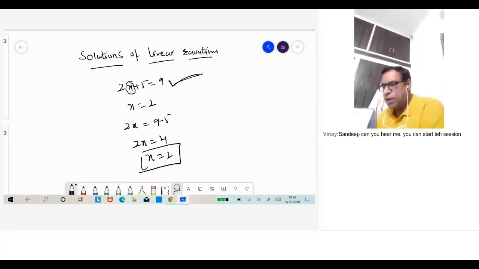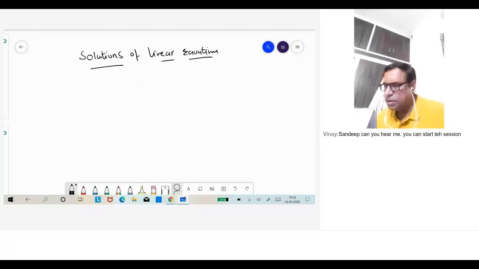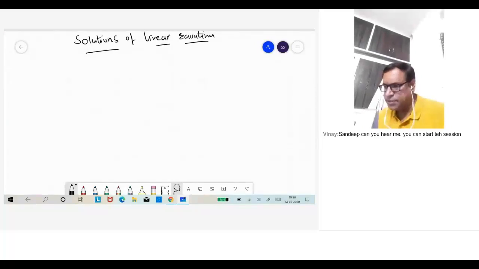So here, what exactly is the solution? The solution of a linear equation is nothing but the value of this variable x which satisfies this particular equation. Extending the same concept to two variables, it's something like this.